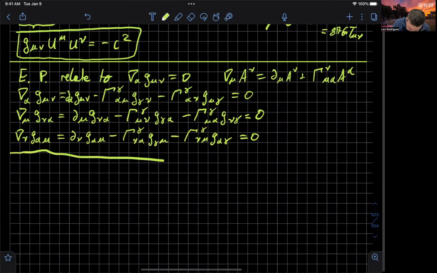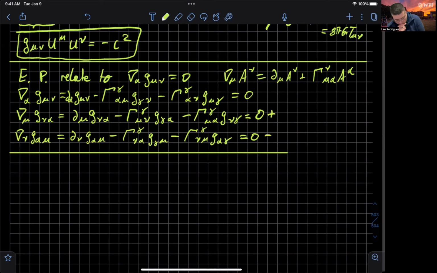And what I'm going to do now is, since they're all equal to 0, add and subtract all to the top equation. The other thing we assume is a symmetric connection, meaning that there's no torsion.